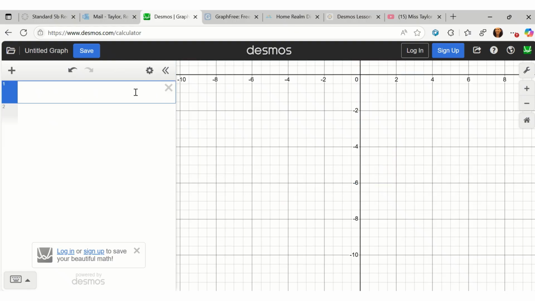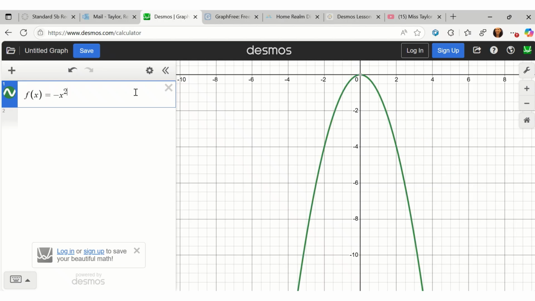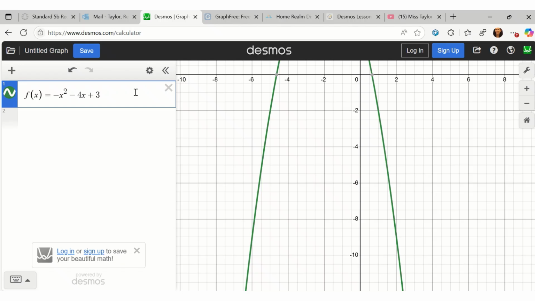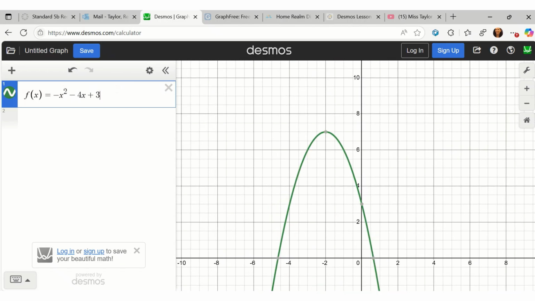All right, next one. f of x is equal to -x squared minus 4x plus 3. And obviously I'm in the wrong spot. So here we go. And my y coordinate, remember y range is your y's. And so I'm probably going to be playing around with that 7 there.